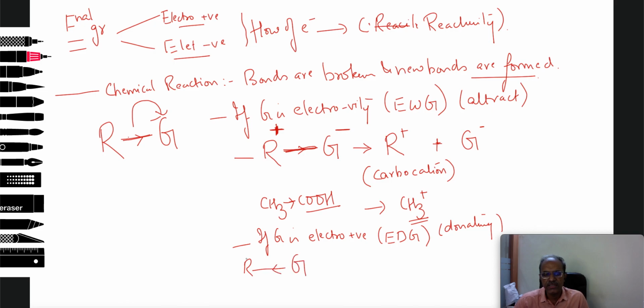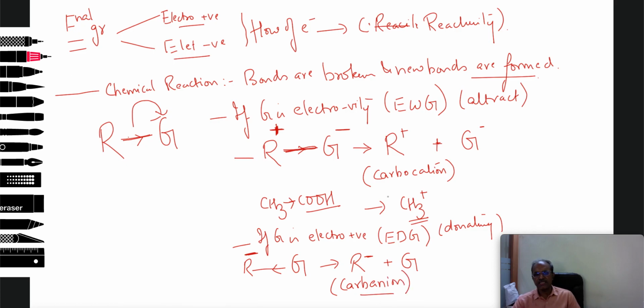Fine. So this will become rich in electrons. So now we'll see it will form R minus plus G. And this is known as carbon ion.